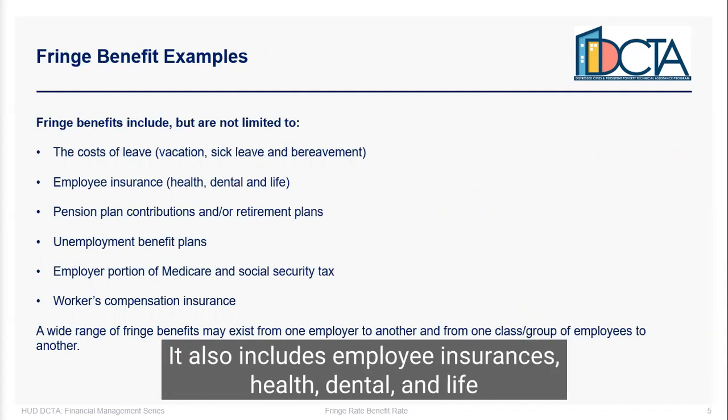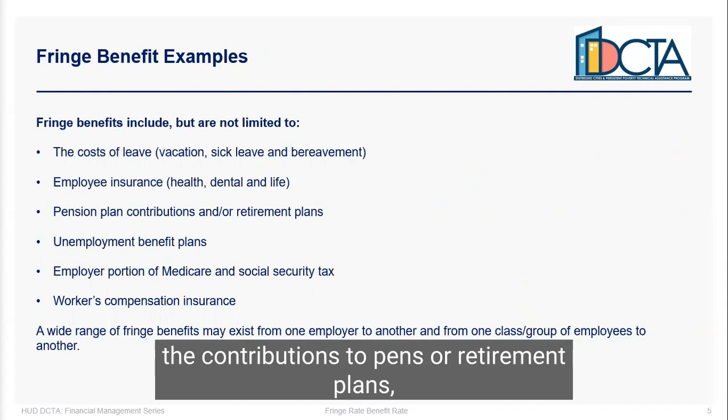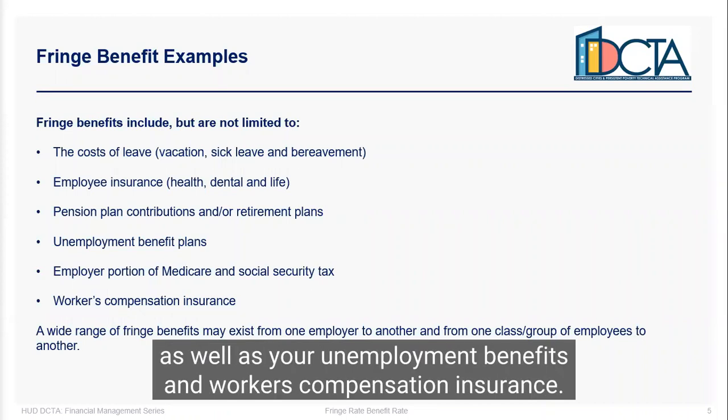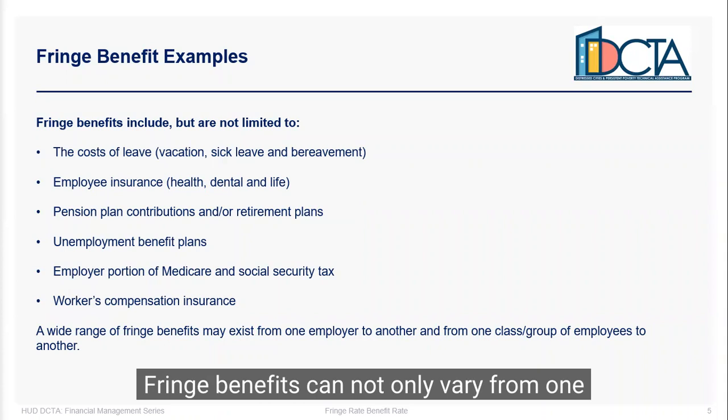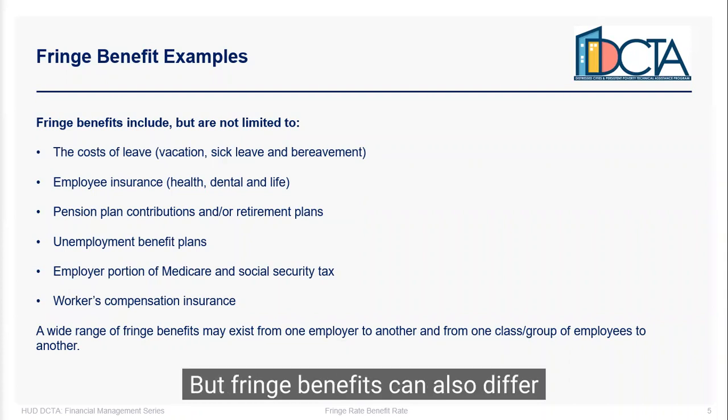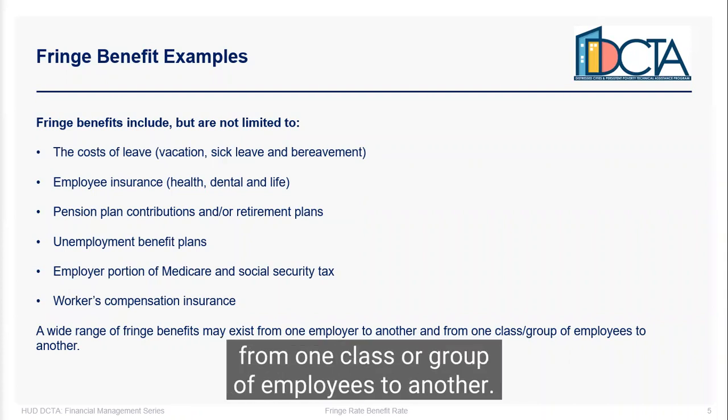It also includes employee insurances, health, dental, and life, your contributions to pension or retirement plans, the employer portion of Medicare and Social Security taxes, as well as your unemployment benefits and workers' compensation insurance. Fringe benefits can not only vary from one employer to the next, but fringe benefits can also differ from one class or group of employees to another.